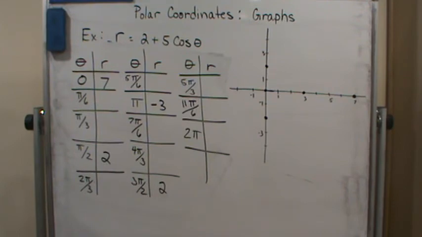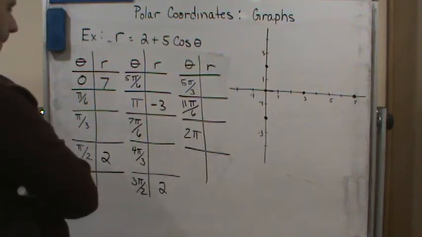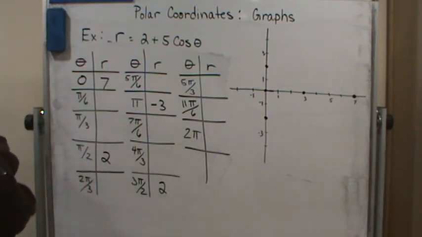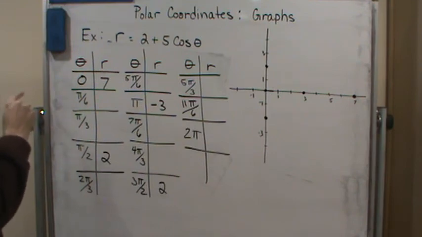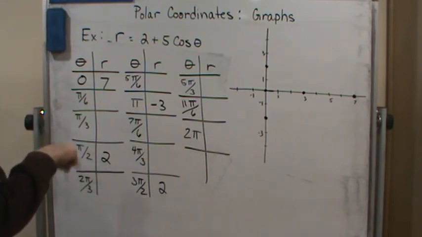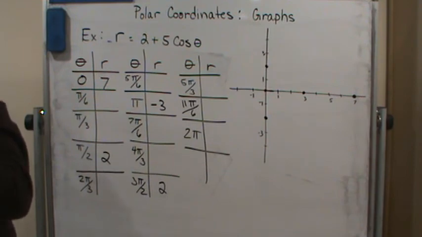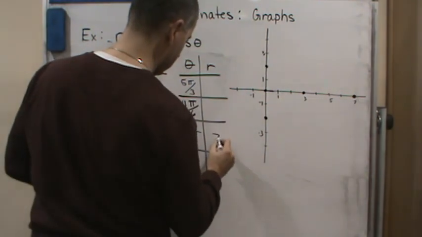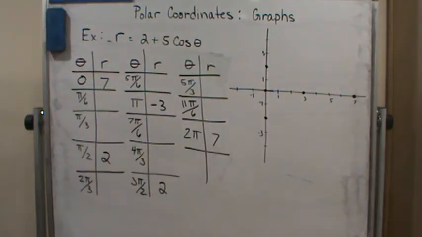Okay, yeah, that's true. Yep. So then, what else do we know? And then at 2 pi, it's back to 7. Okay, so let's fill in the rest.